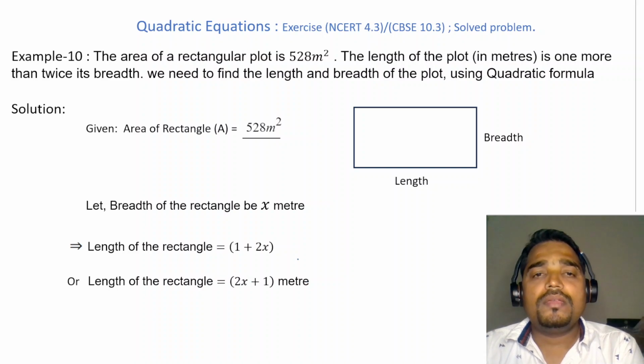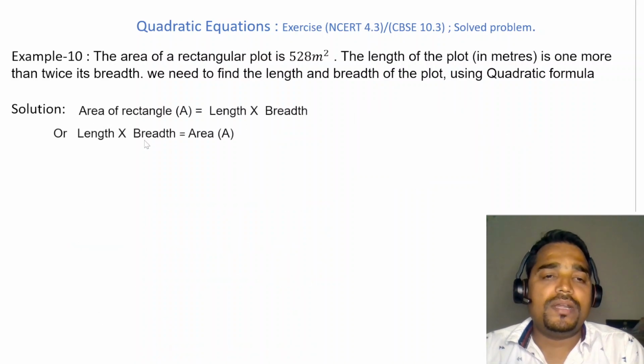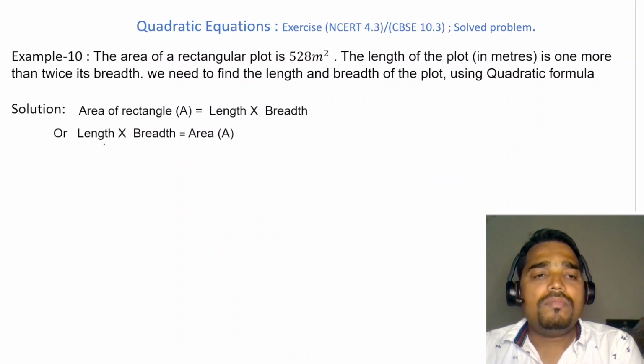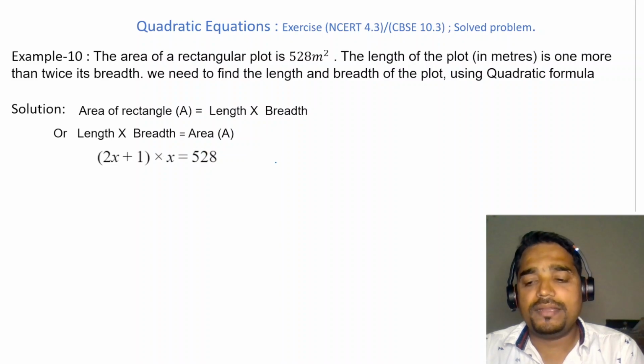We also know that area of rectangle is equal to length into breadth, or if you rewrite the same equation, length into breadth is equal to area of the rectangle. Now length we have already found out as 2x plus 1 and breadth is assumed as x. Area is given as 528.